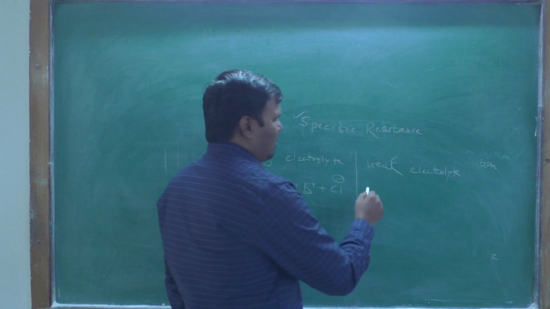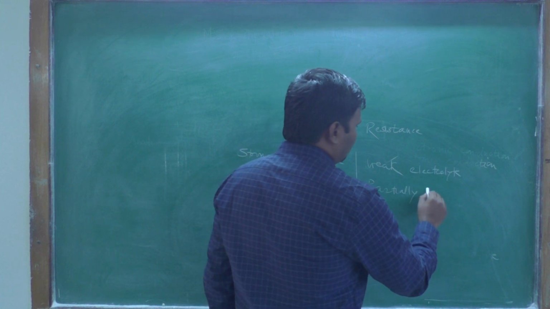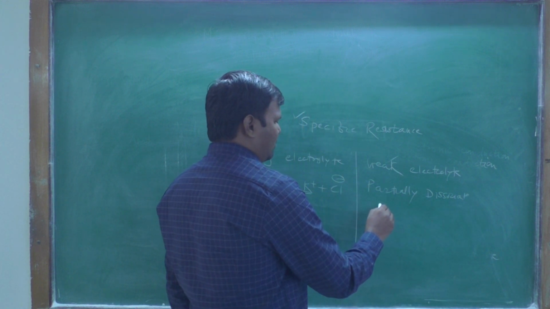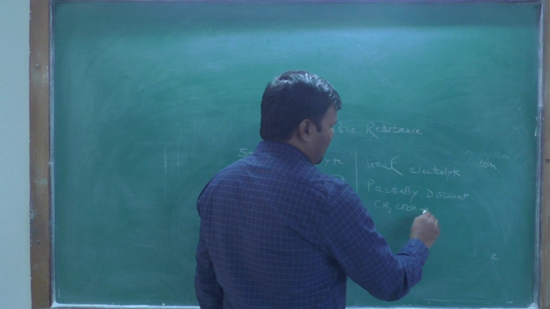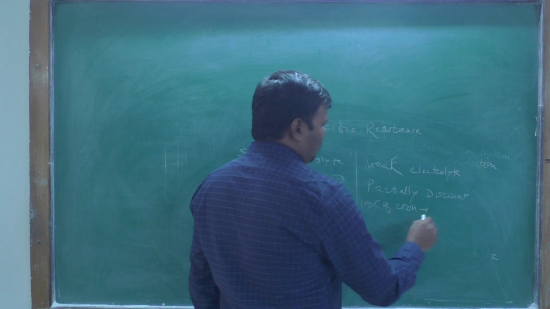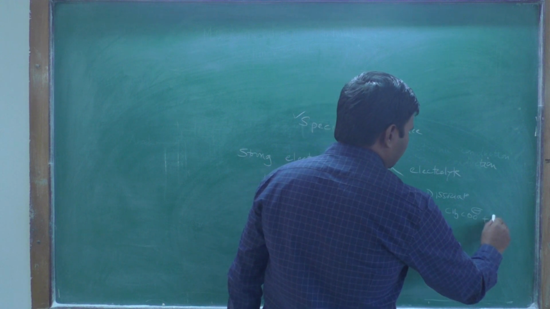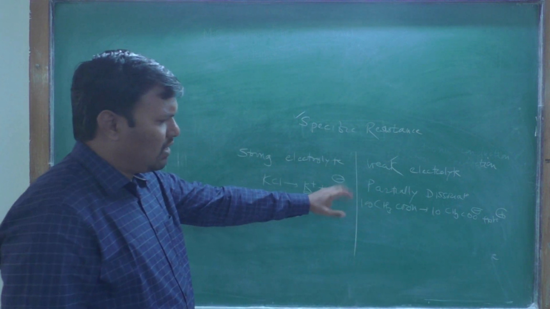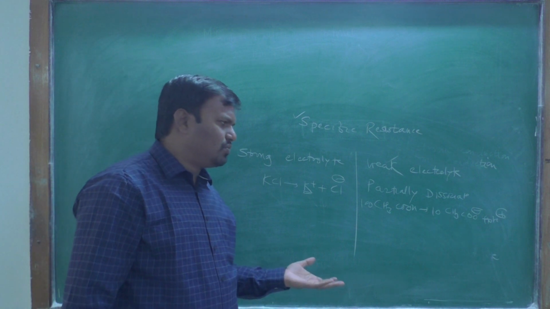A weak electrolyte partially dissociates. Partially dissociate means a small number of molecules get dissociated. If there is acetic acid, out of 100 acetic acid, only 10 give the cations and the anions. Not 100, out of 100 only 10 or 20 ions are produced.